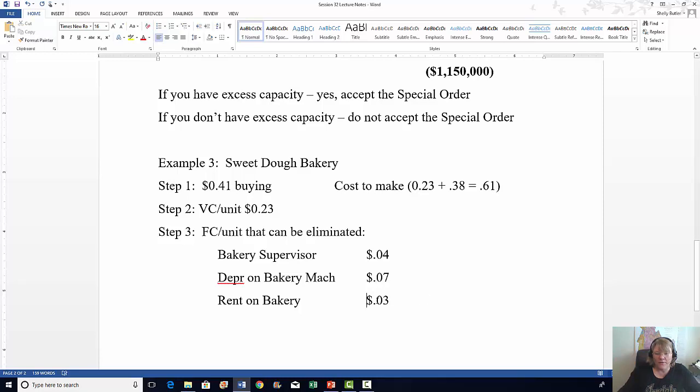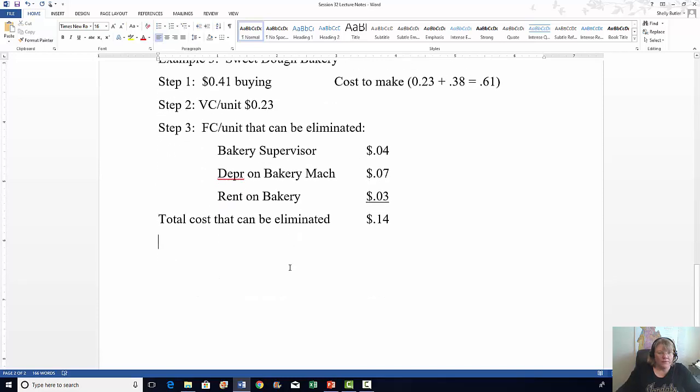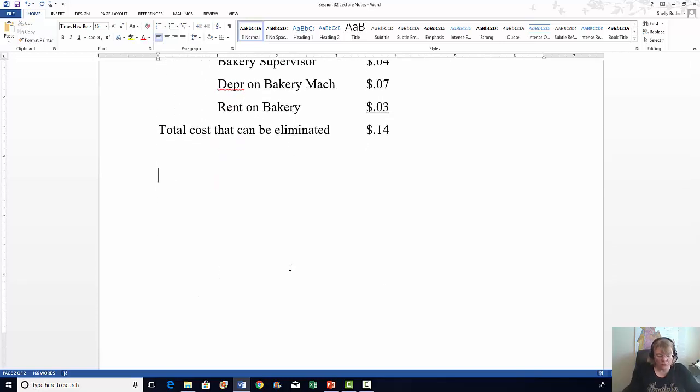So now the total on these fixed costs that can be eliminated. Total cost that can be eliminated is 14 cents. Okay, let's pull up there and go to step 4.